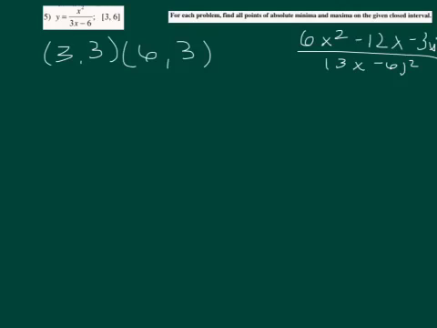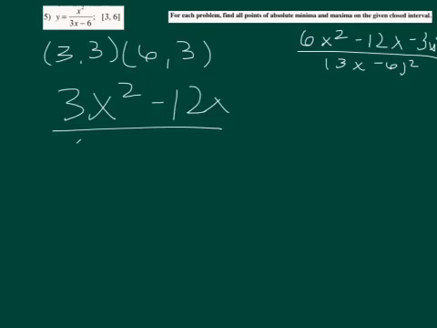Okay, so I erased everything and rewrote it in the top corner so I don't forget. So if I simplify it, it'll be 3x squared minus 12x all over 3x minus 6 squared. Okay, so this is the point where I get confused because I don't know how to simplify this even more, but I'll just take a guess.